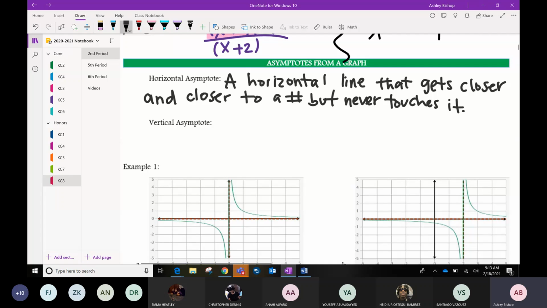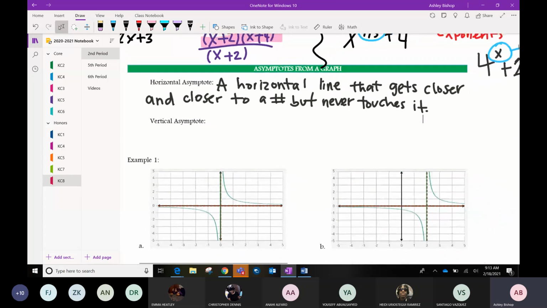And then I'm just going to write myself a note just in case you're not ever sure which way is horizontal. Horizontal is the left to right way. Again, you're like, okay, not really sure where she's going with this, but all right, I'll go with it, Ms. Bishop. I'll show you an example here in just 1 second.